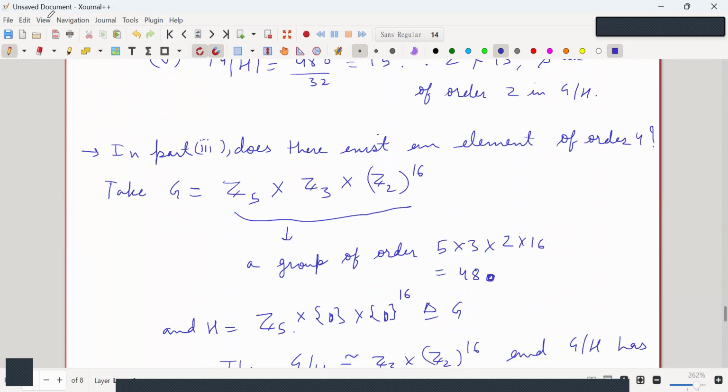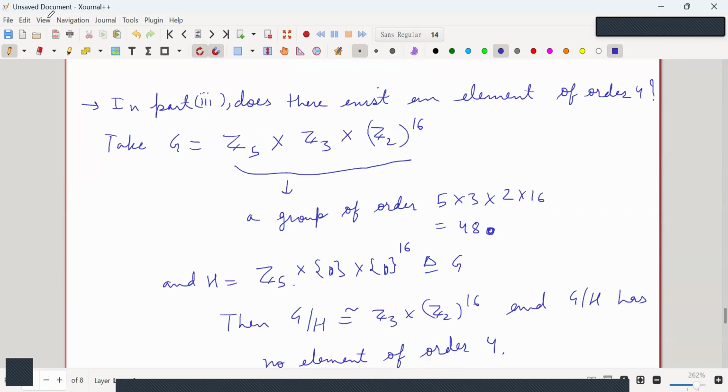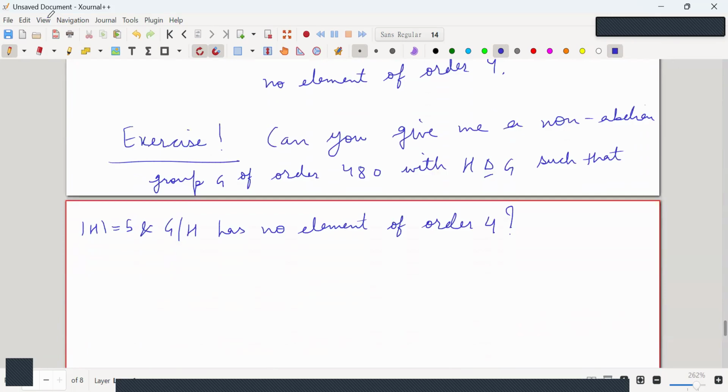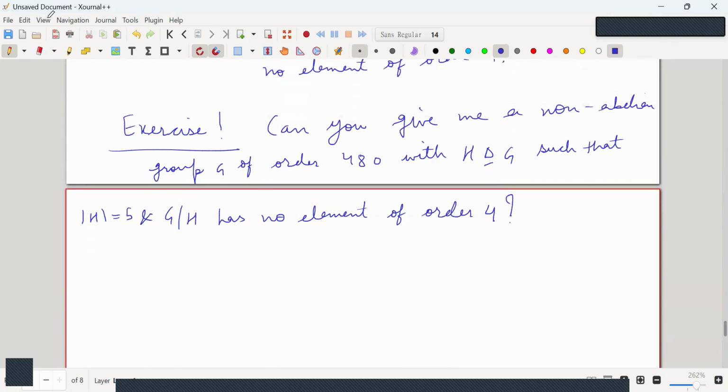Here we have taken everything to be Z3 times Z2 raised to 16. Try to somehow fit S3 here. That's a good hint. You can go with the Z5, and here try to somehow fit S3. Then it will become non-abelian, and then you need to construct a group which is non-abelian and which satisfies this property. Okay?